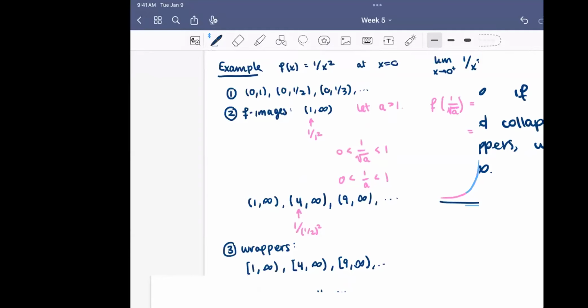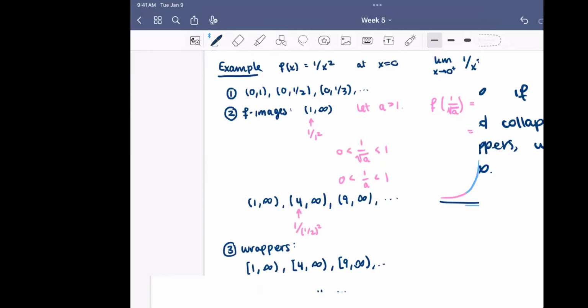Exactly, so the collapsing collection would be different. We would take a left-sided collapsing collection for zero, but then we're plugging everything into 1/x², and so all the negatives will go away, and we'll get the same F images and wrappers. So we'll also get that the limit as x approaches zero from the left is infinity.